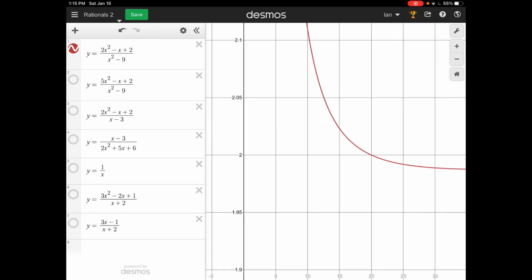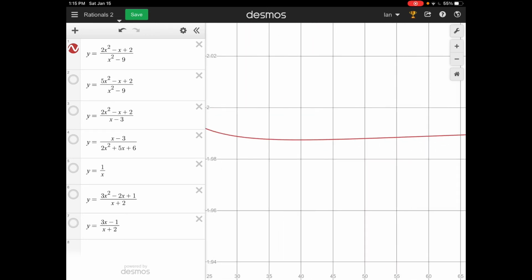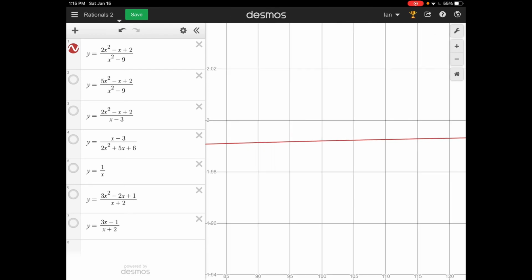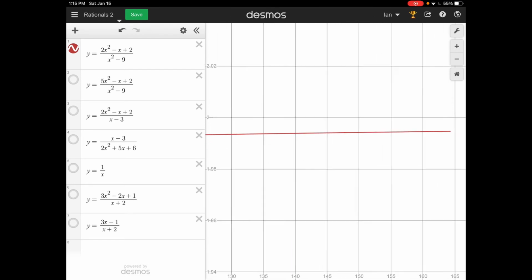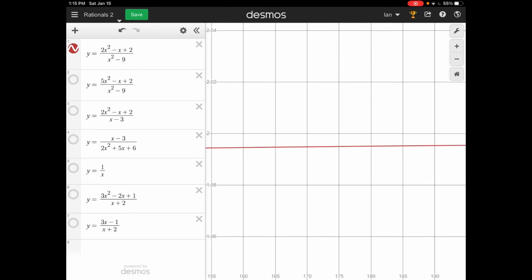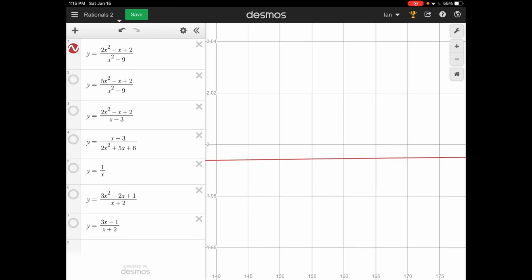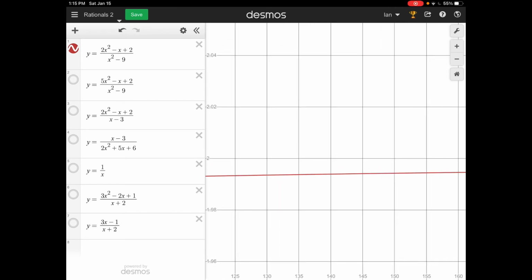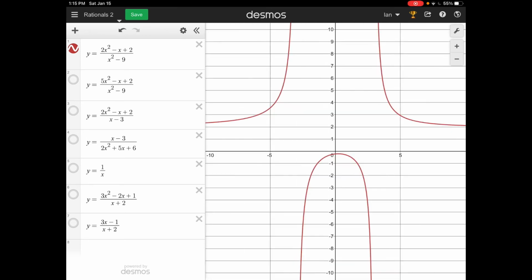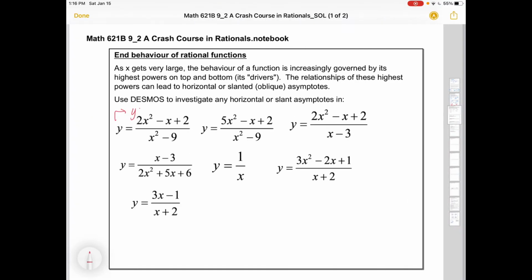You'll be able to see that it's a little bit off, and it's getting closer and closer to it. For a horizontal asymptote, you're allowed to pass through the asymptote. But this one is going closer and closer to 2. So this one gets y equals 2.